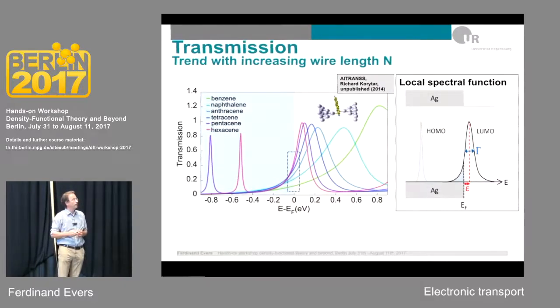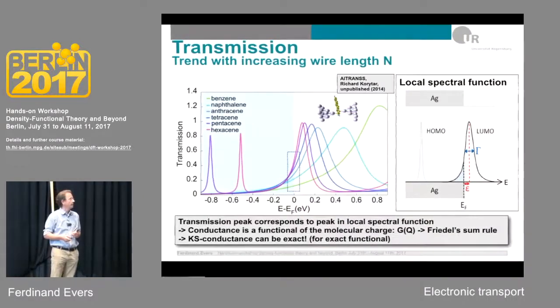And now why does the transmission saturate? You see, saturation of the transmission means that this point here intersecting with the Fermi energy moves up and up and up, but not arbitrarily until this point, but until this point. And that point is actually controlled by the amount of charge on the molecule, and that has something to do with the Friedel sum rule. So there's a Friedel sum rule that associates the charge on the molecule with the conductance.